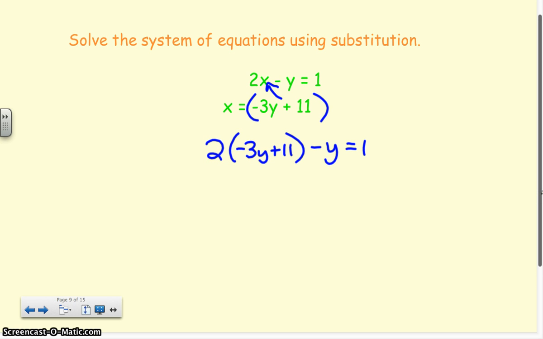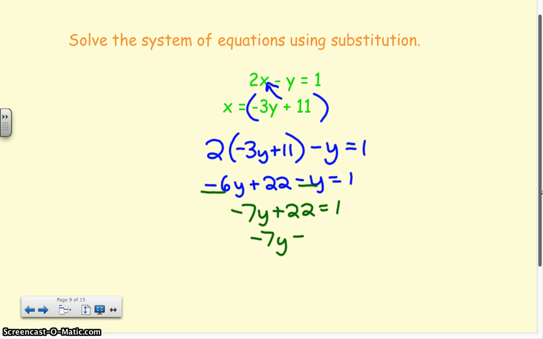Now I solve. Distribute: negative 6y plus 22 minus y is 1. Combine like terms. Negative 6 minus 1 is a negative 7y plus 22 is equal to 1. Subtract 22. Negative 7y is equal to a negative 21. Divide. Y is equal to a positive 3.